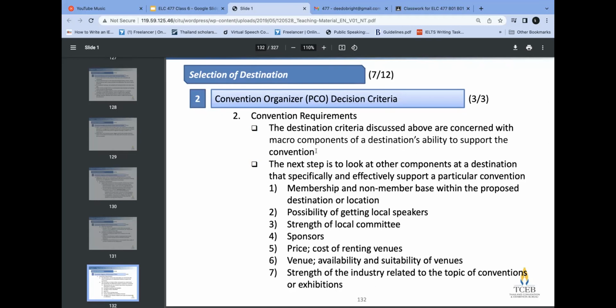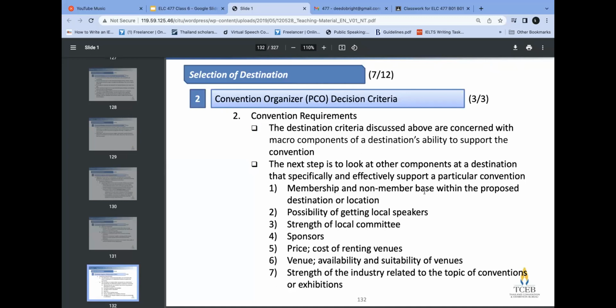The next step is to look at other components at the destination that specifically and effectively support a particular convention.